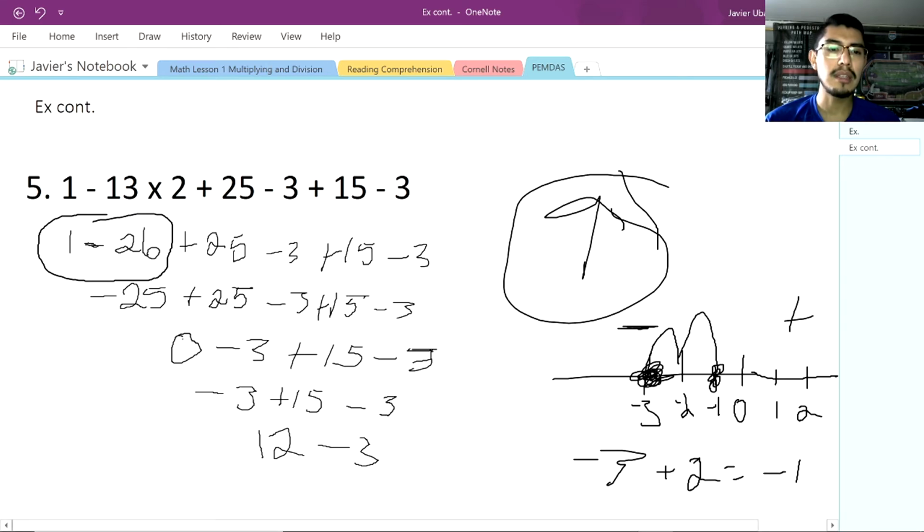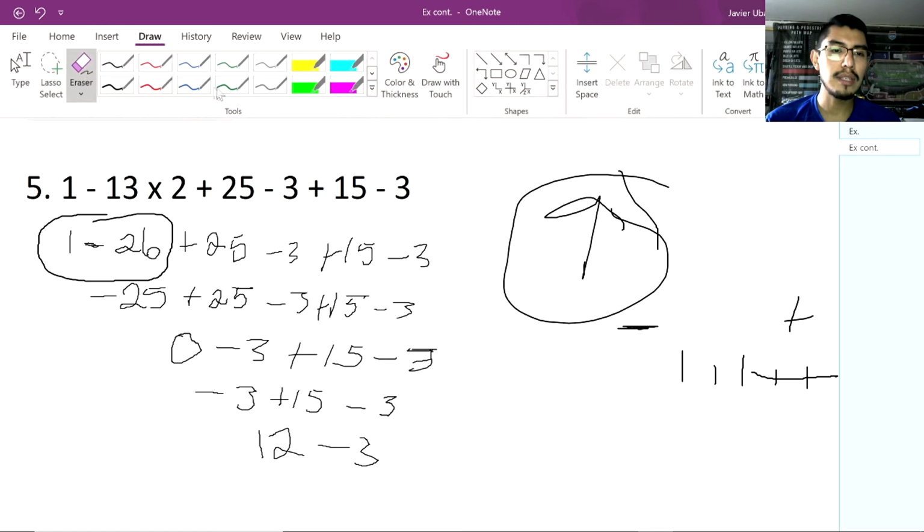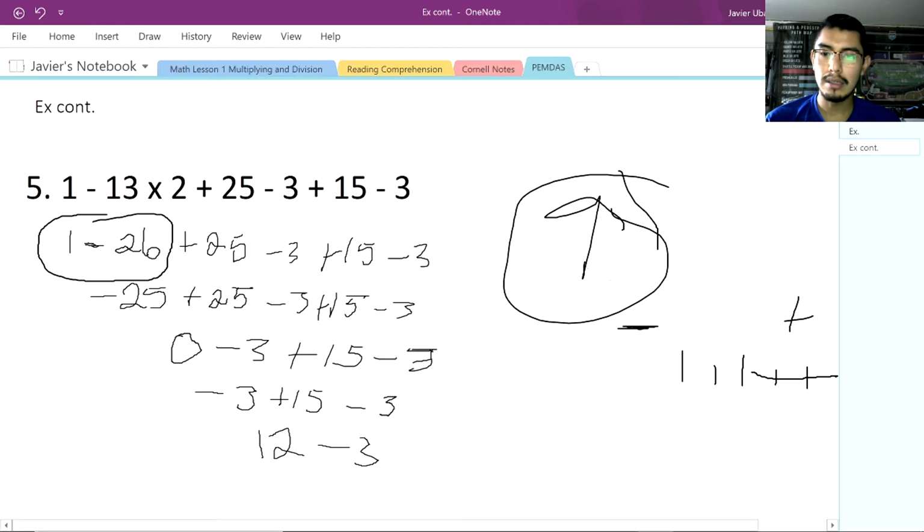So now same with the 1 minus 26, right? If I just take this away, take those away, now we do the 26. Let's just say we have negative 26 on this side, negative 25, and we start counting down, negative 24, and all the way over here we have 0, and the positives are over on this side.